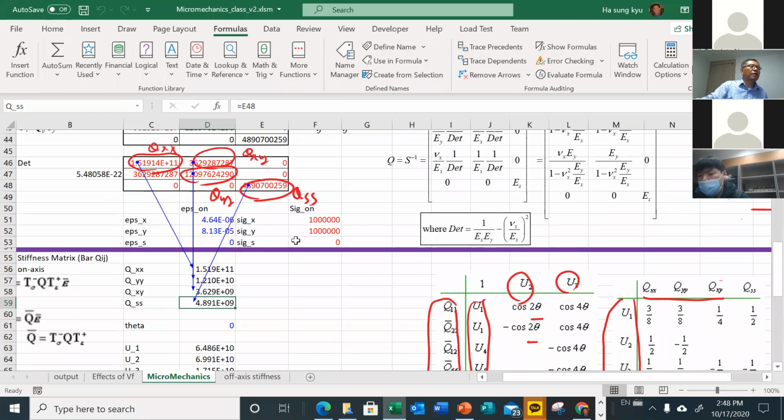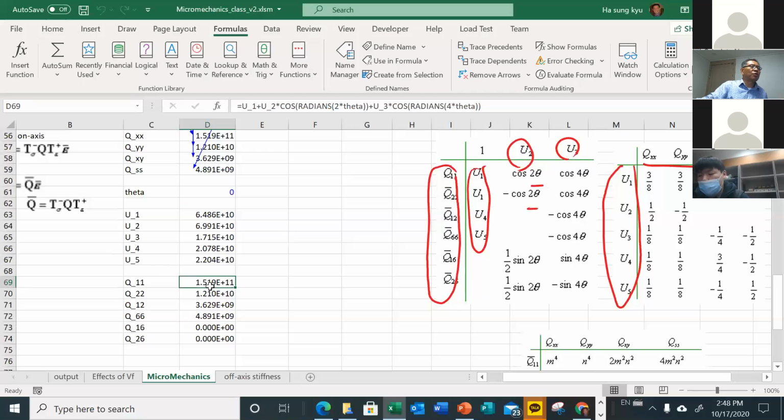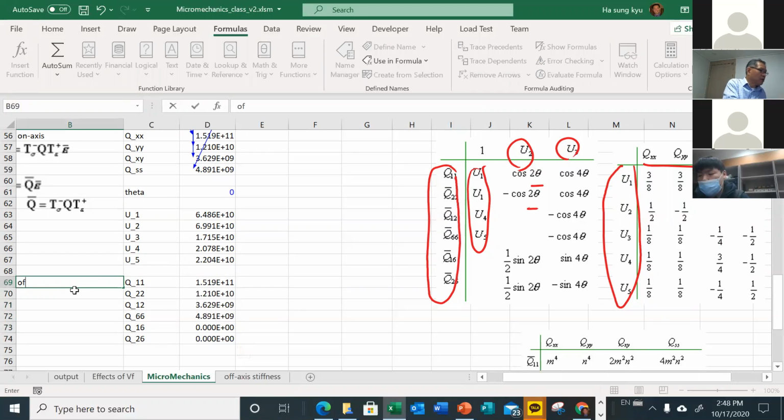Just to redefine this on-axis coordinate system, and this Q1, 2, 3 is the off-axis, which we would like to obtain.